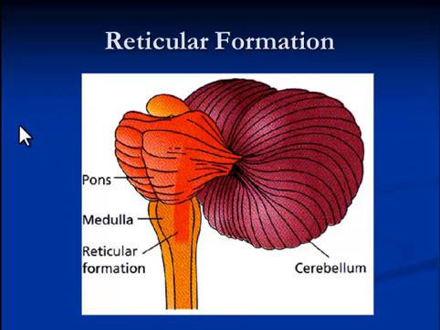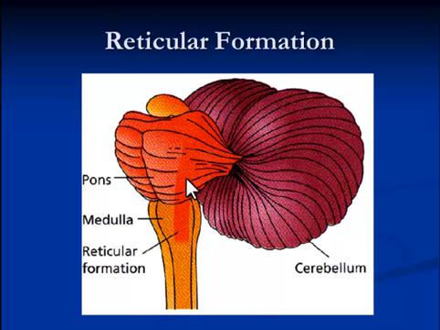Okay, let's get into some physiology of the brain. First, let's look at the reticular formation. The reticular formation is down here in the brainstem. Reticular formation is really about activating the brain, stimulating it, getting it going. It sends signals throughout, and it's very active if your brain has to get active.